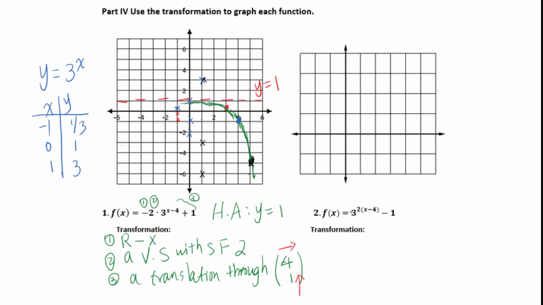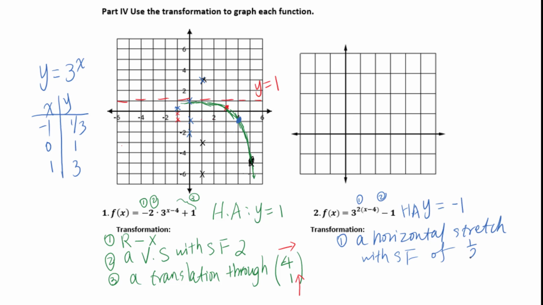f of x equals 3 to the 2 times x minus 4th power, minus 1. Y equals -1 is a horizontal asymptote line. Transformation 1 and 2. 1 is a horizontal stretch with a scale factor of 1/2, which means the distance from the y-axis will be half.